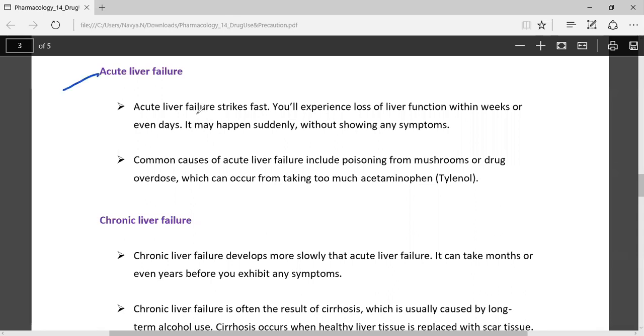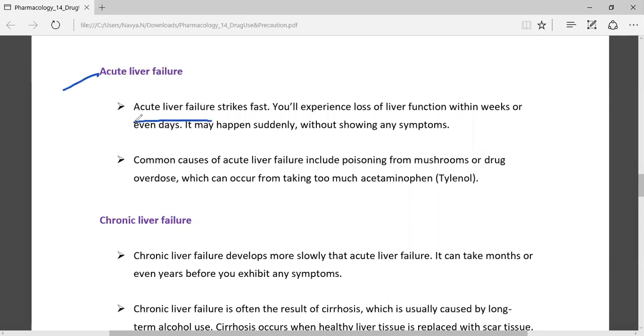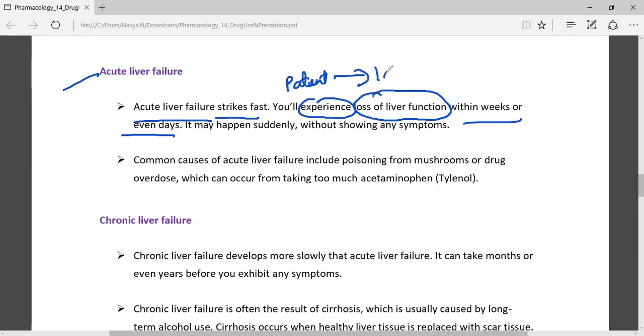Let us look at acute liver failure. Acute liver failure strikes very fast, and the patient experiences loss of liver function within a week or even a day.